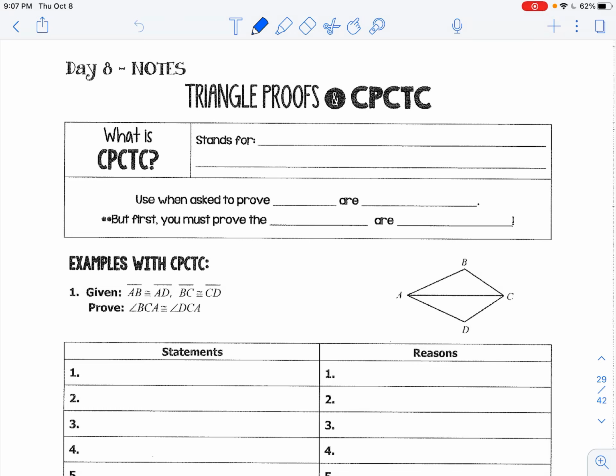In this video, let's review triangle proofs and CPCTC. So, what is CPCTC? It stands for corresponding parts of congruent triangles are congruent.